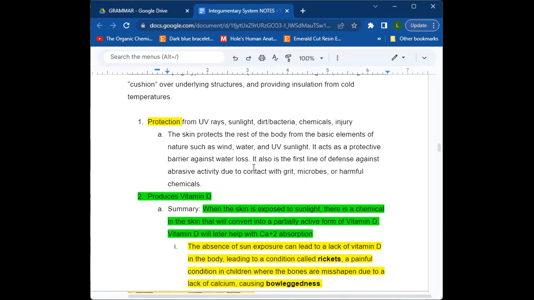It's going to act like a physical wall, and it's going to physically block and physically prevent things like UV rays, sunlight, dirt, bacteria, and chemicals from getting into the skin. Yeah, physically block and physically prevent things from getting into the body.